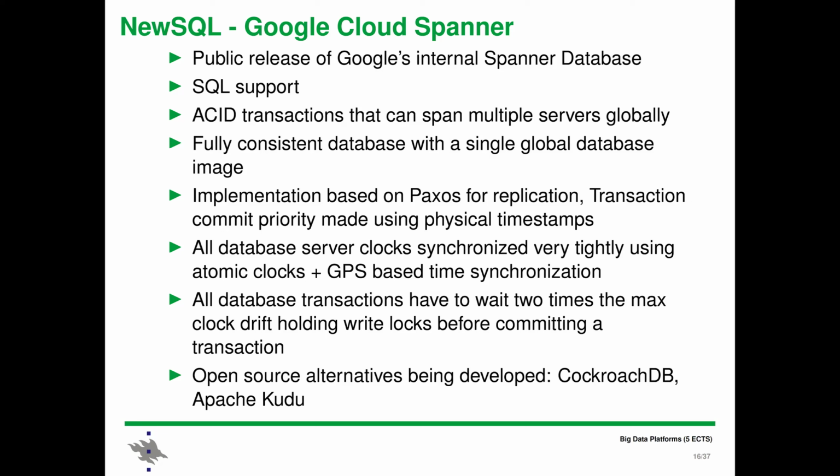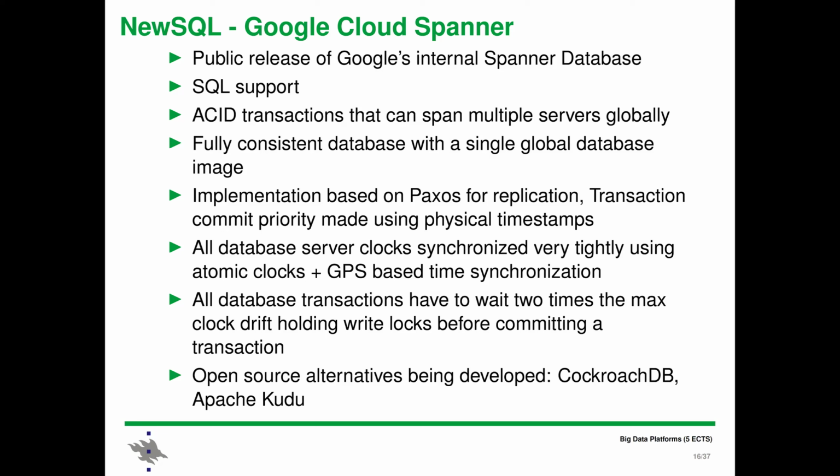In Google Cloud Spanner, all database server clocks are synchronized very tightly using atomic clocks and GPS-based time synchronization across the different data centers. And to keep things externally consistent, all database transactions have to wait 2 times the max clock drift, holding write locks before committing a transaction.